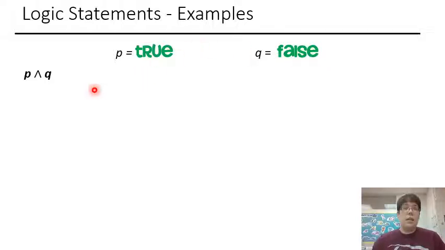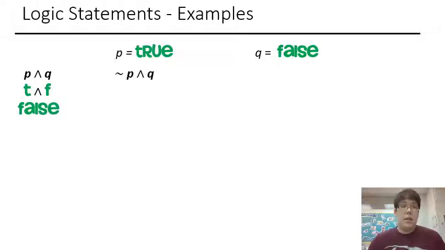The first thing that I do whenever I have a statement is I substitute false and true in for the P and Q. Because P was true, I put a T, and because Q is false, I put an F. Now remember back to the truth table. Remember with "and," the only way that you can get a true statement is if they're both true. So in this case, this is going to be false.